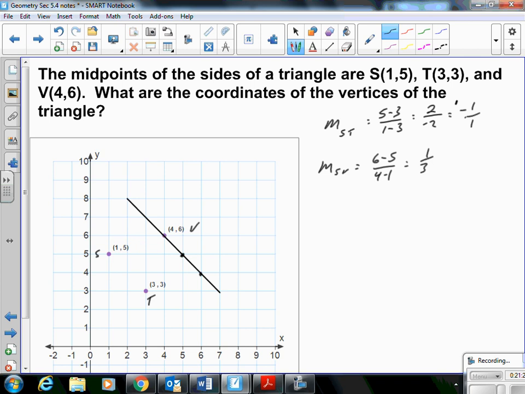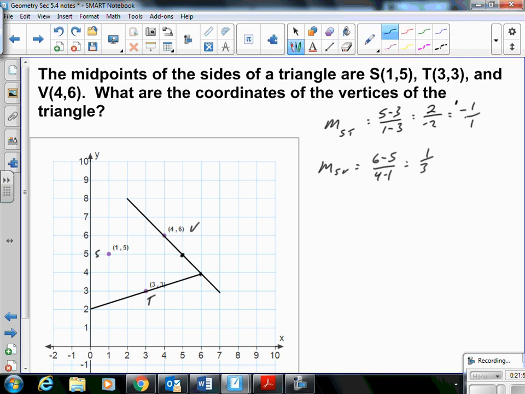So we're going to use that slope at point T. From T, we're going to go up 1 and over 3, which will actually put us right at this point that we already used. So that'll allow us to draw a line there.